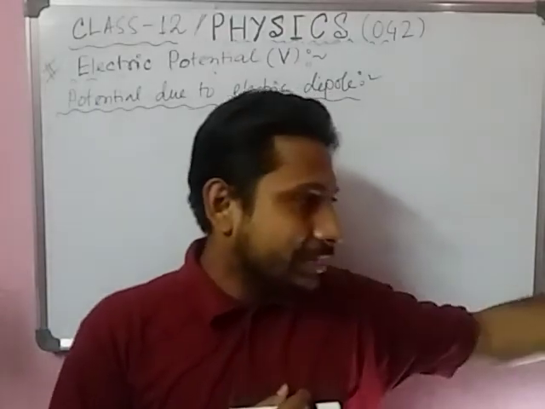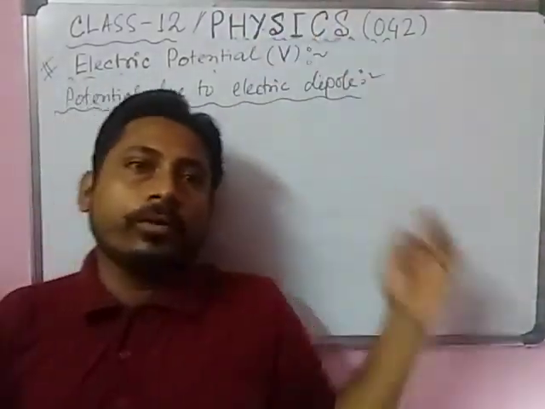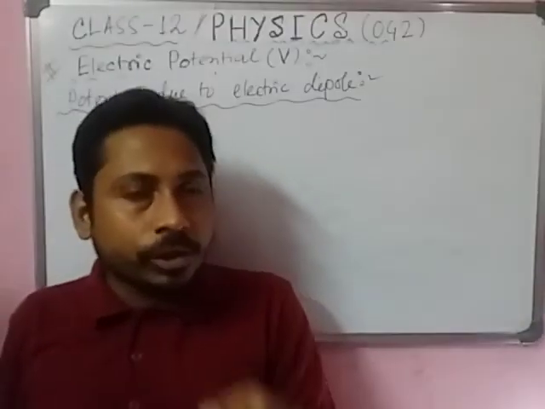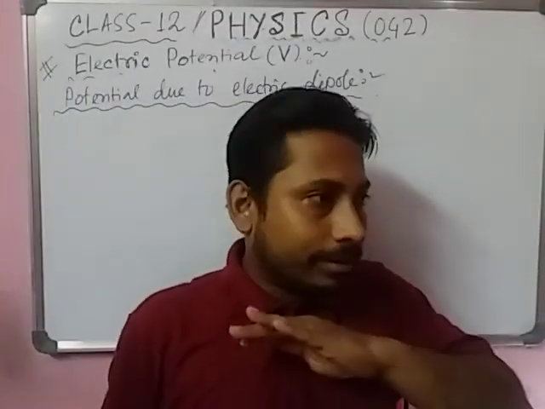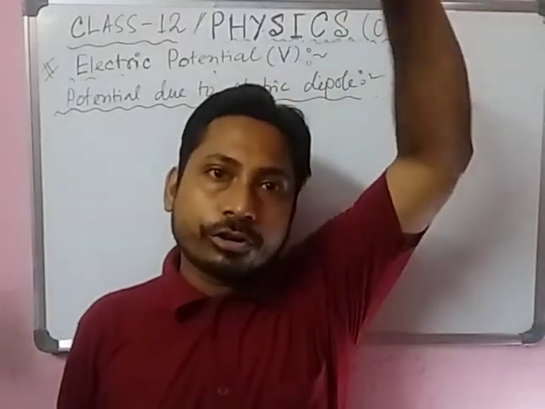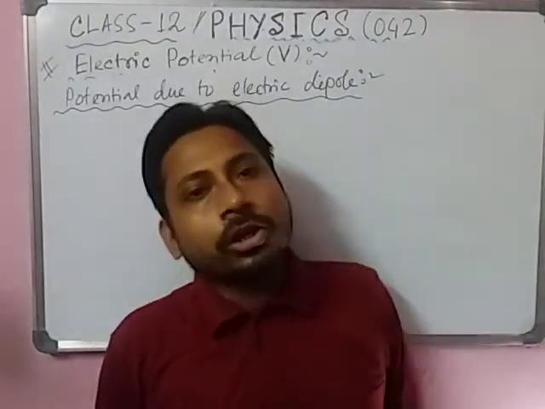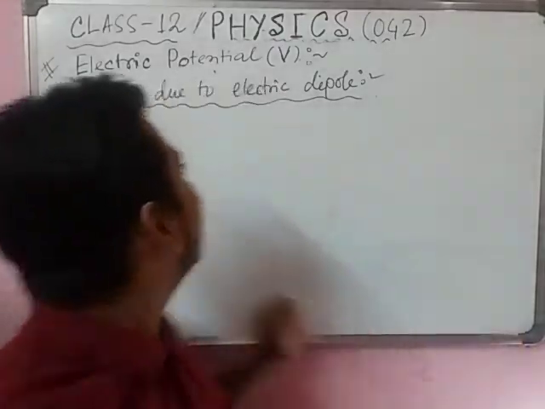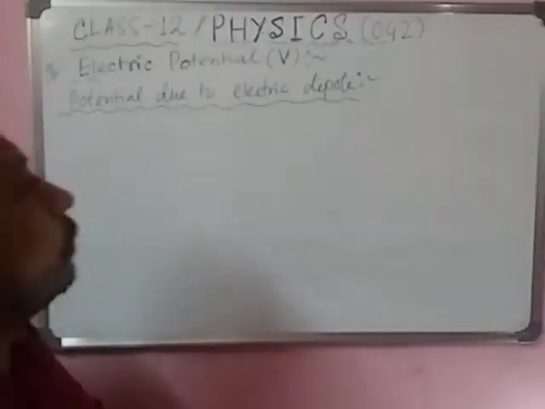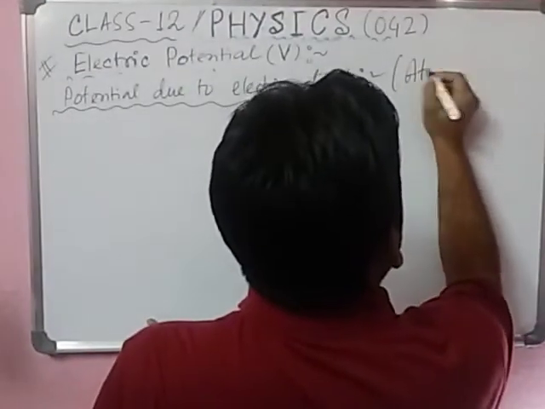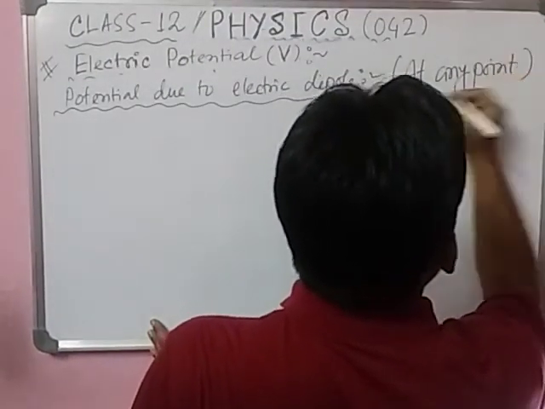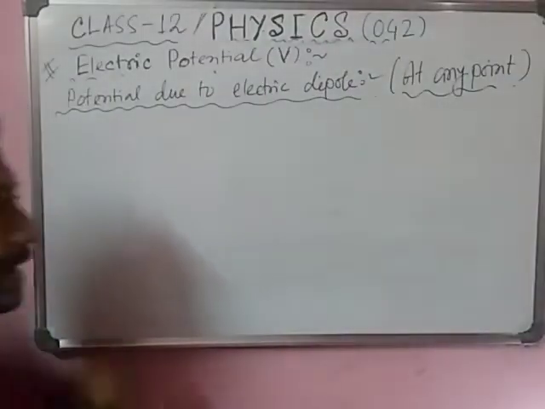Not for the axis, not for the equatorial. We're going to find it for any point, and then we just put the value of theta so that we can get the axis or equatorial or any point. So we want to generalize the formula. Let's do it at any point.